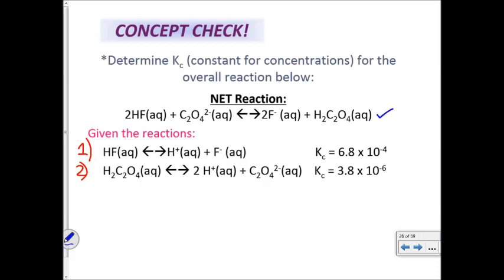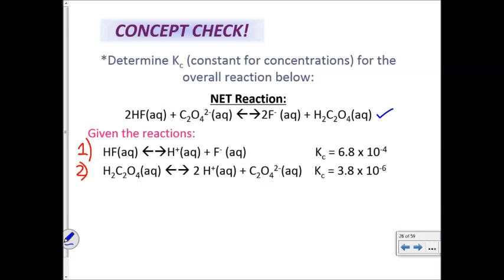That one. So if we're looking at where our reactants and products need to be, any suggestions on what we should do? For the first one, is the HF and the F minus in the correct spots where they're supposed to be? HF is a reactant in the overall, F minus is a product in the overall, so it stays the way it is.